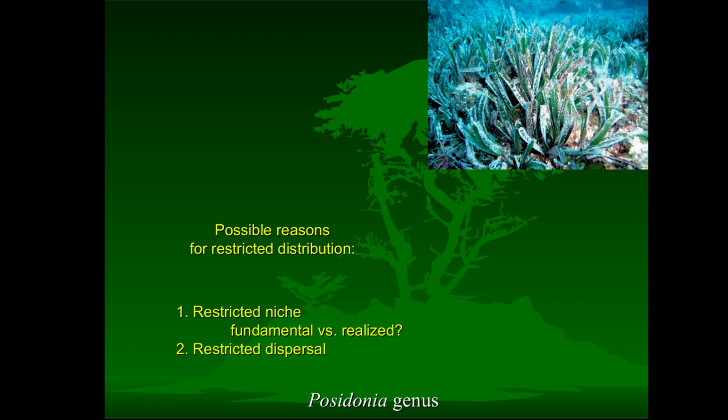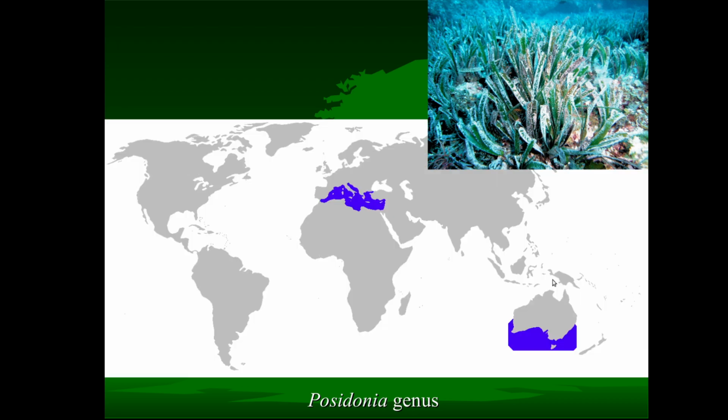Well, there's two possible answers to this question. Answer number one, the niche of the Posidonia genus occurs only in these locations and nowhere else in the world. That's a possibility. The populations are boxed into this geographical range because these are the only places on the planet where Posidonia can exist within its niche, within its n-dimensional hypervolume, but we don't know what that is.